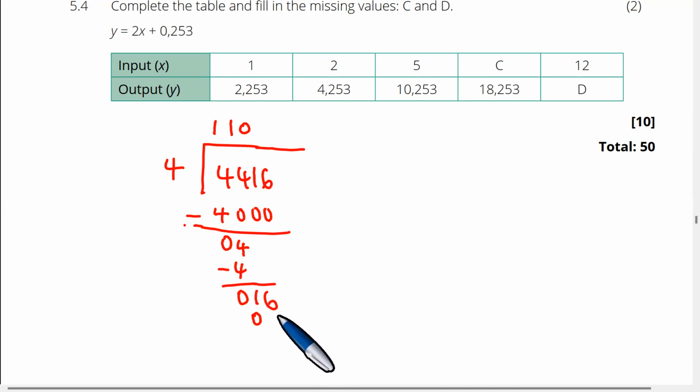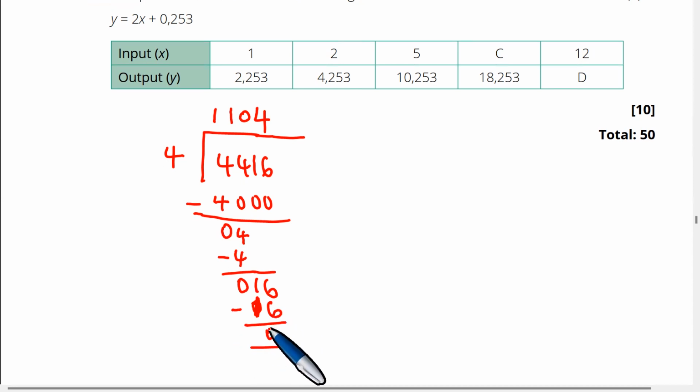And then you say 16 divided by 4, and then you get a 4 there. And then you multiply 4 by 4, you get a 16. What is 16 minus 16? You get a 0.